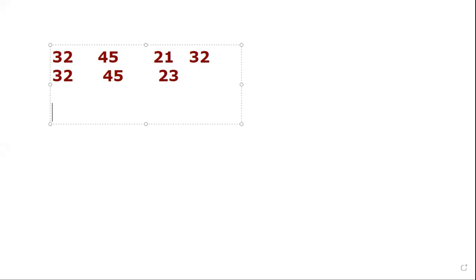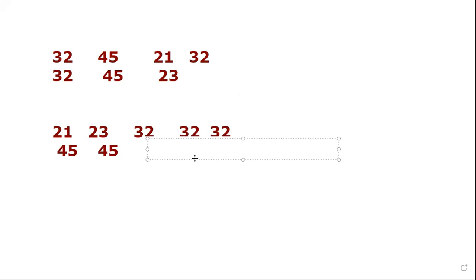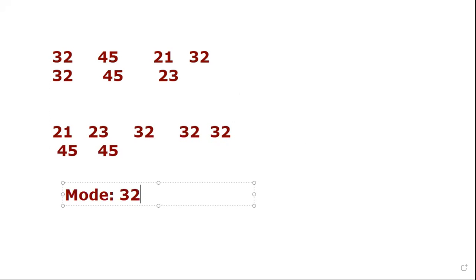So let's arrange in order: 21, 23, 32, 32, 32, 45, 45. So we have only one mode. The mode is 32.